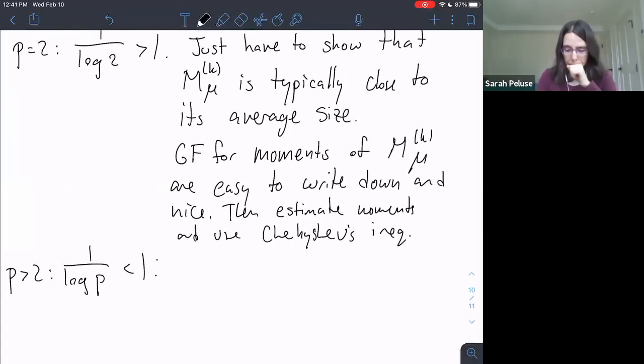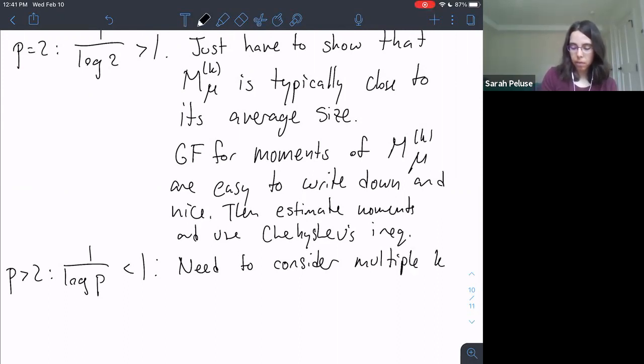So then you need to consider multiple k at a time, and show that even though individually the statistic is small for each k, it can't be small for all of them.